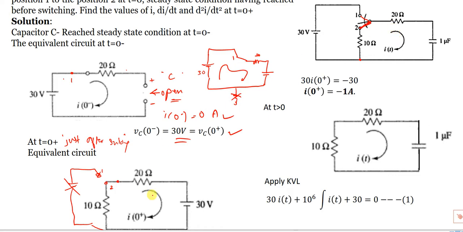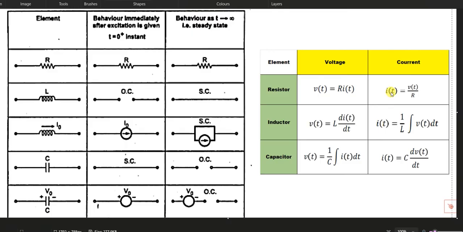The capacitor, if initially charged to 30 volts, should be replaced by a voltage source followed by a short circuit.